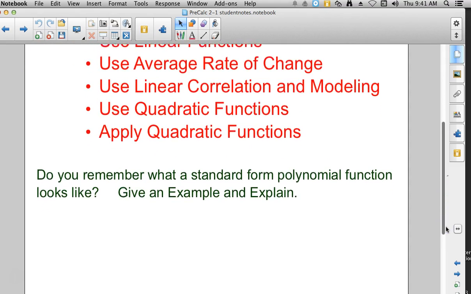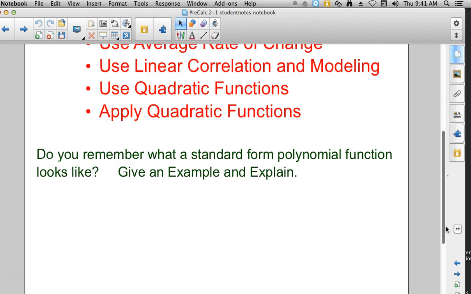So, it says, do you remember what a standard form polynomial function looks like? Give an example and explain. Take a couple seconds here and write down something that you think is a polynomial function.